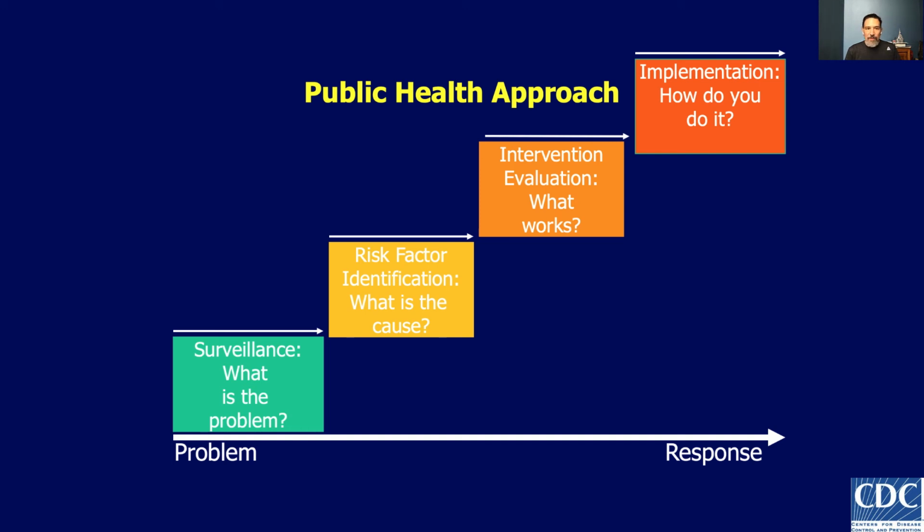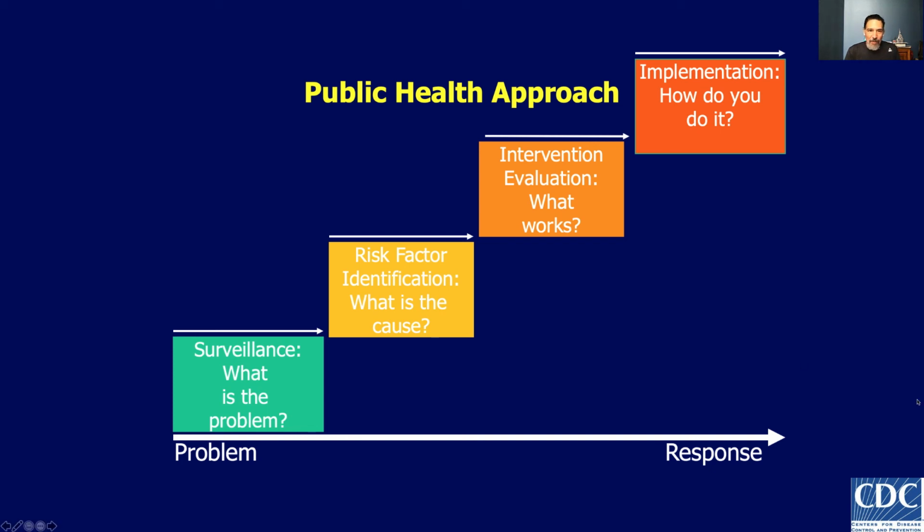And then once we know which strategies work, we then think about how we can implement them at scale so that they have the reach to have the impact on population health outcomes. And so there's a whole area of implementation here that is about how do you get from the place of an effective intervention that we know works to do what you want, to a place where you can implement it at scale and have the impact at the population level.